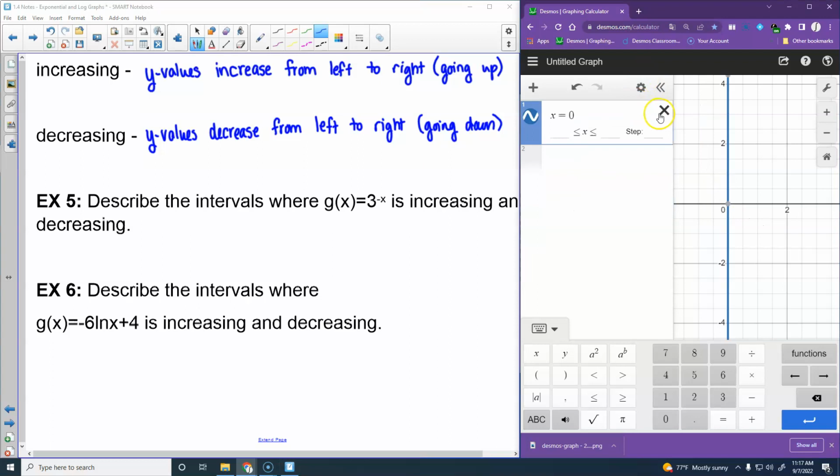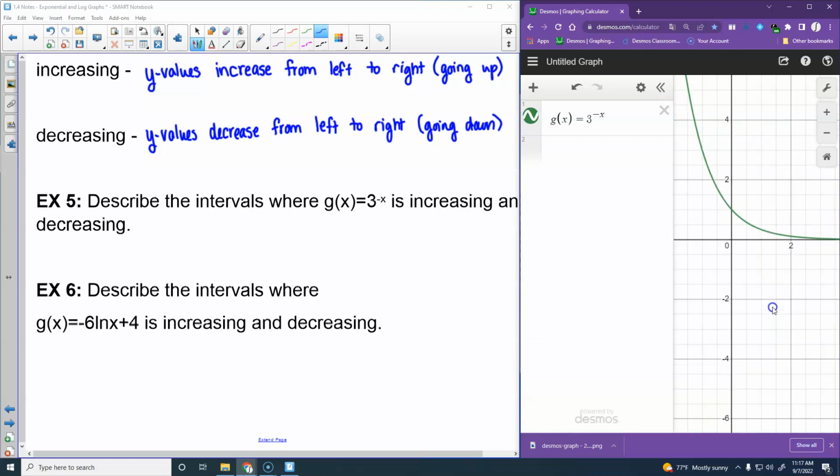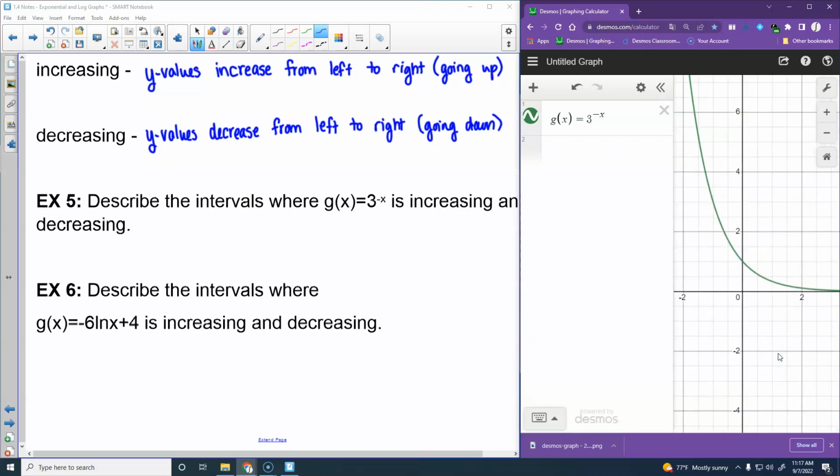So if we look at g of x equals 3 to the negative x power. All right, so this graph, we'll always start on the left side and move to the right side. Is this graph increasing or decreasing?